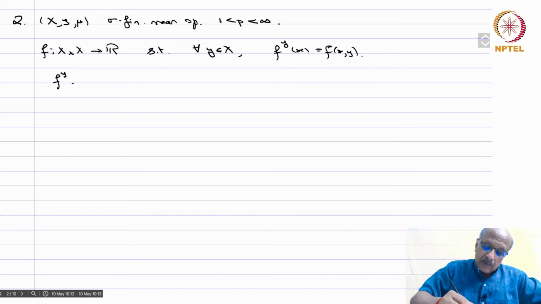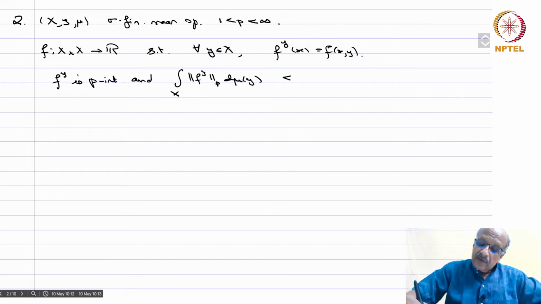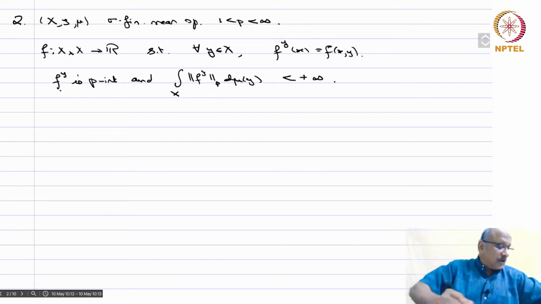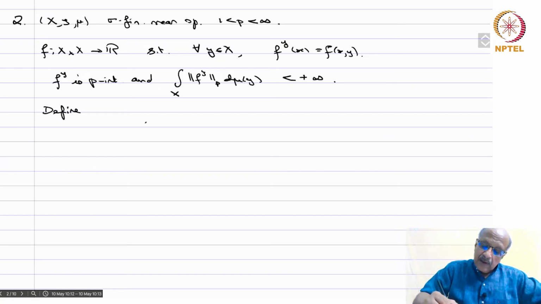Okay, f_y is p integrable, and integral over X of norm f_y_p d mu(y) is less than plus infinity. Define g of x equals integral over X of f of x, y d mu(y).